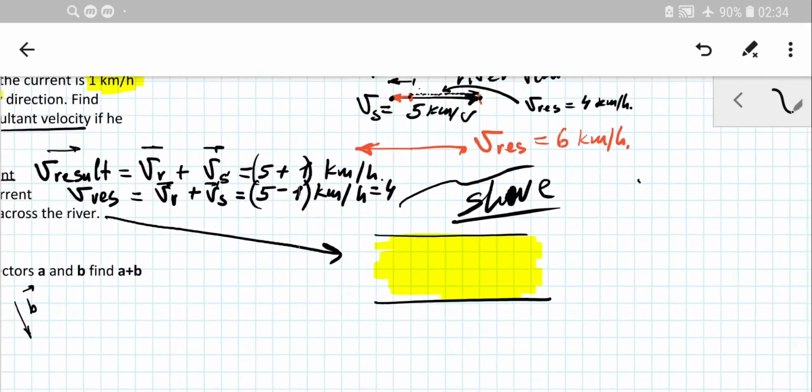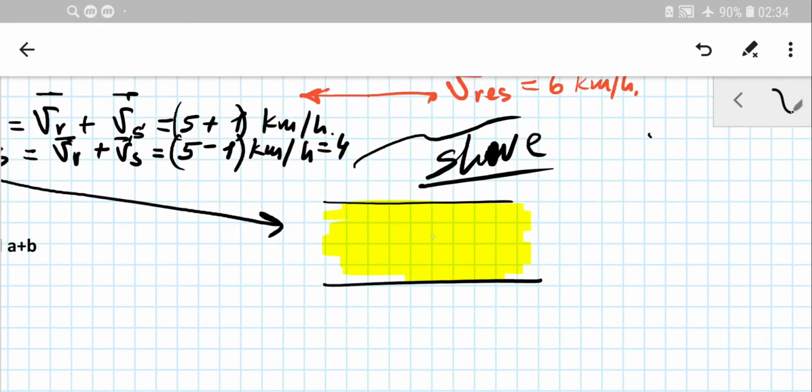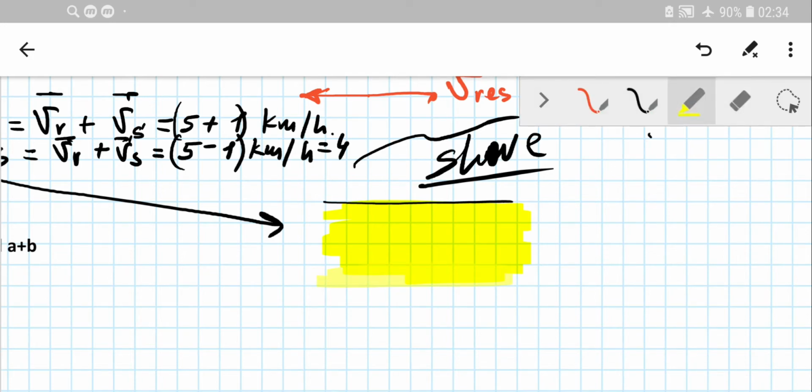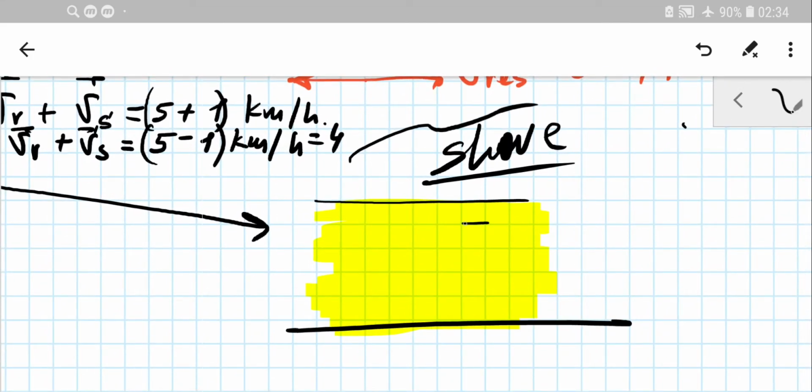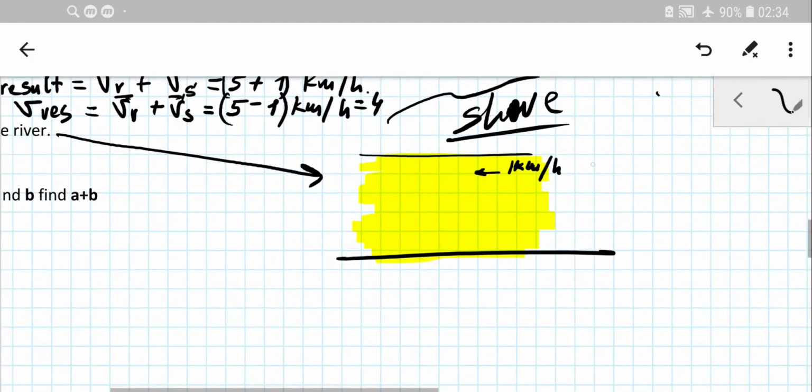So what can we say? We can say that he swims in calm water to the north with a length of 5. Okay, I just enlarge it a little bit. The river still flows to the west with 1 km per hour. That's the river.